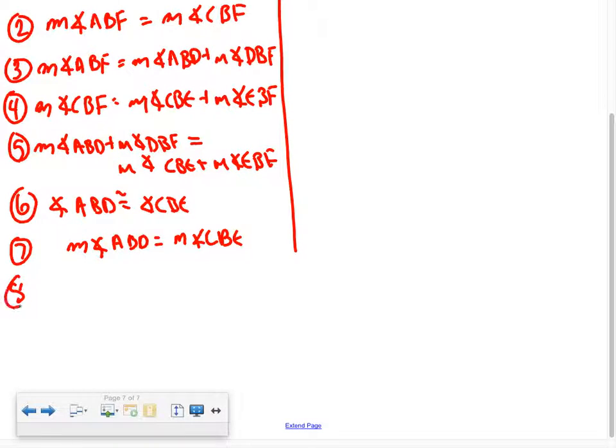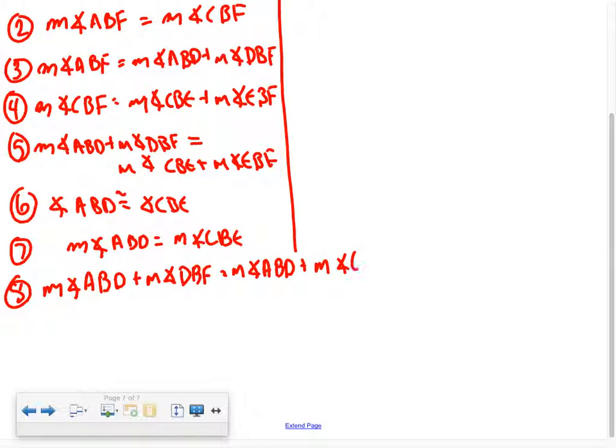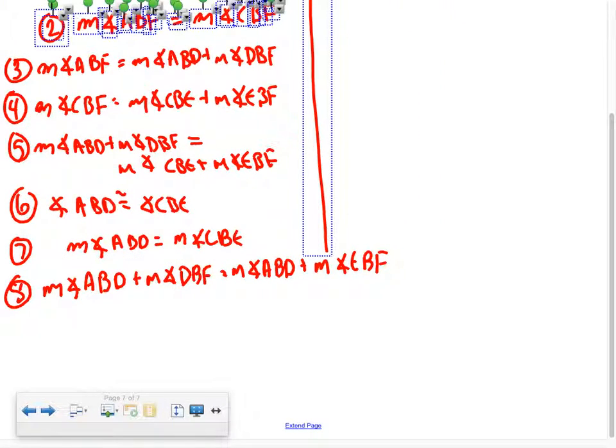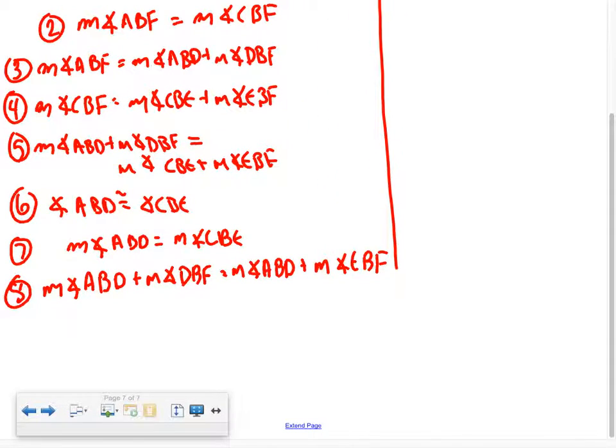And then in line 8, the measure of angle ABD plus the measure of angle DBF equals the measure of angle ABD plus the measure of angle EBF. So very subtle change happening here that we have to be very careful about in line 8. I'll be a little bit more careful when I go over the reasoning for that, all right?